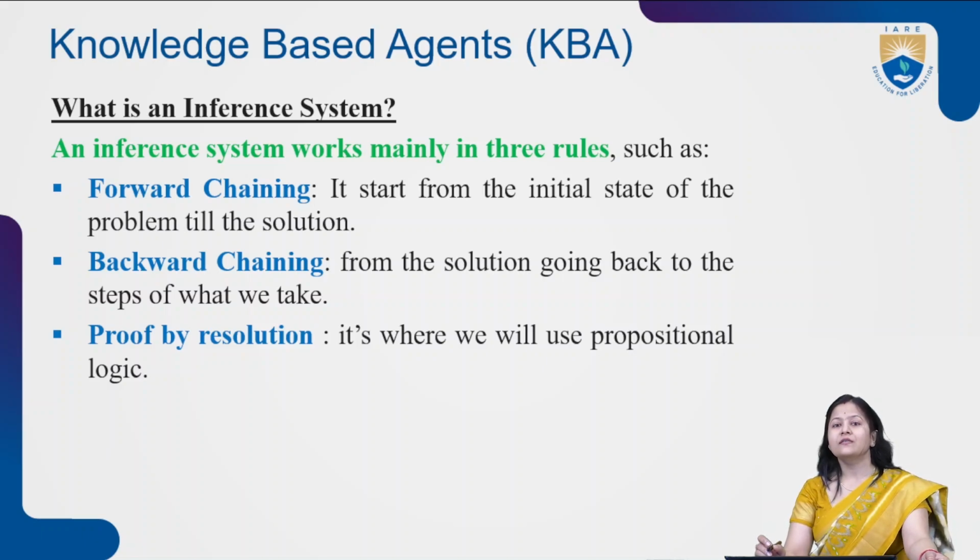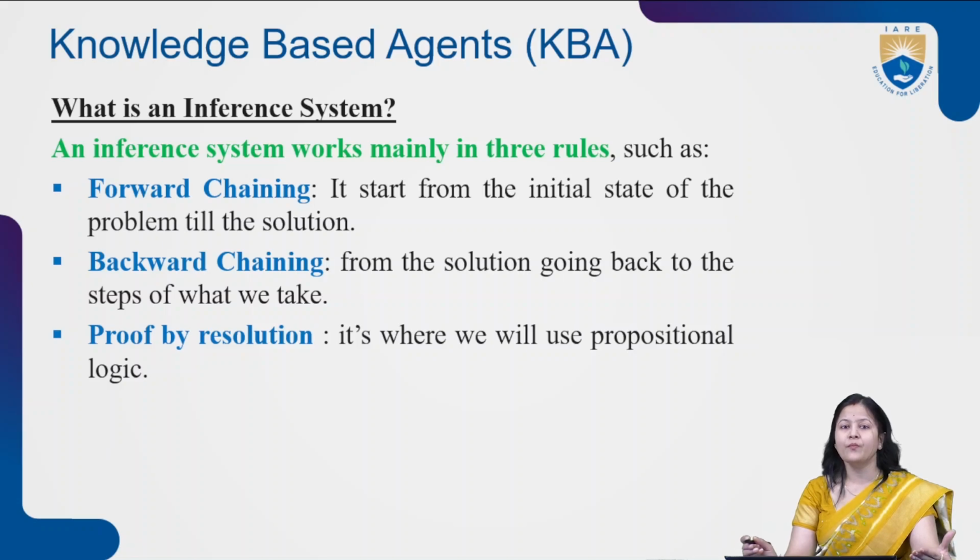Forward chaining says that it starts from the initial state of the problem till the solution, and backward chaining means going from the solution back to the steps we took. And the third one, proof by resolution, is where we use propositional logic. So these are the three rules using which the inference system works to derive the conclusion.